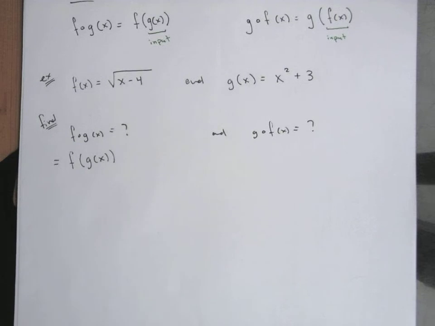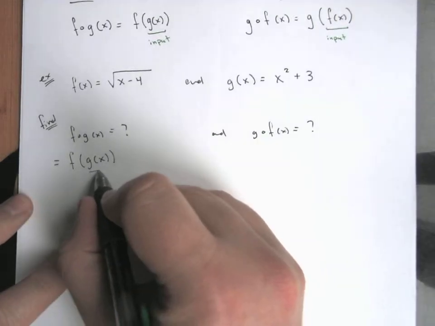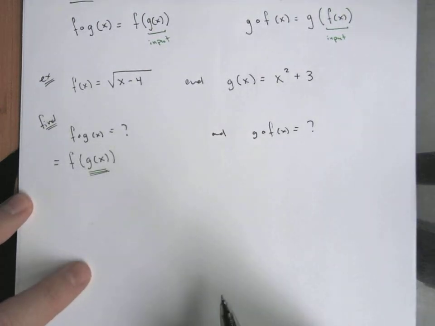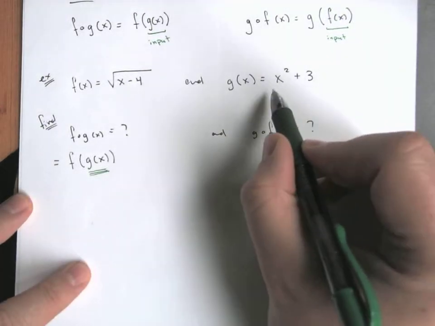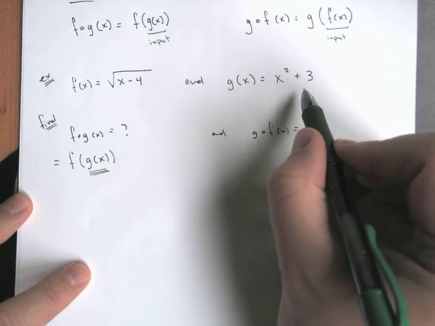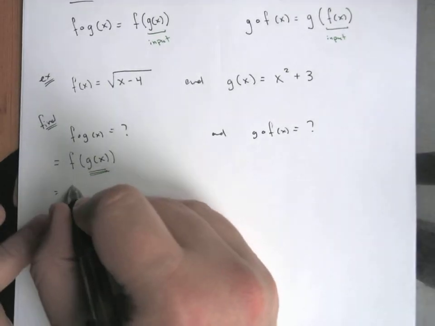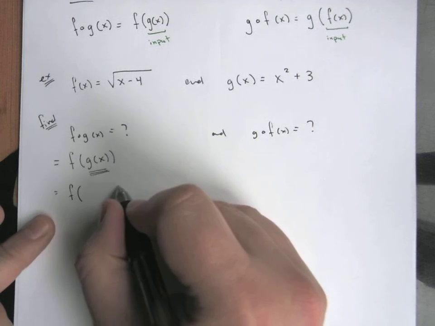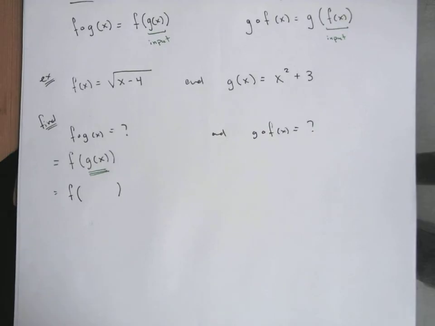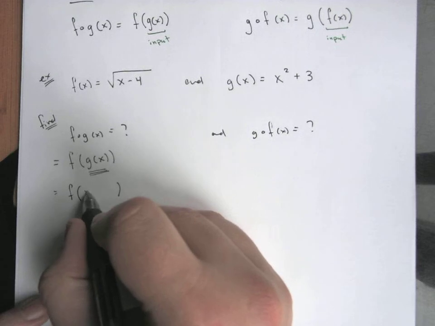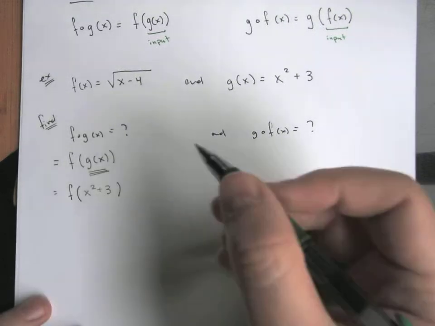Then you start to say, okay, what is g of x equal to? Well, g of x is x squared plus 3. So what this becomes is f, and in our parentheses, the input is going to be the other function, x squared plus 3.